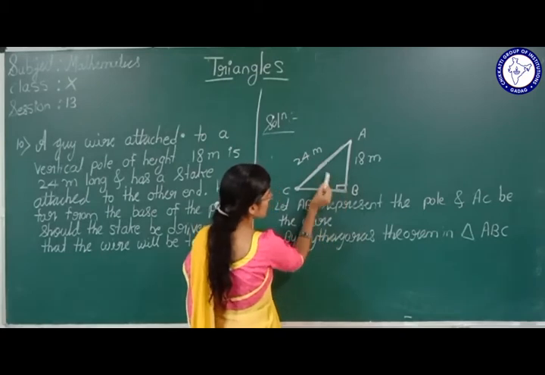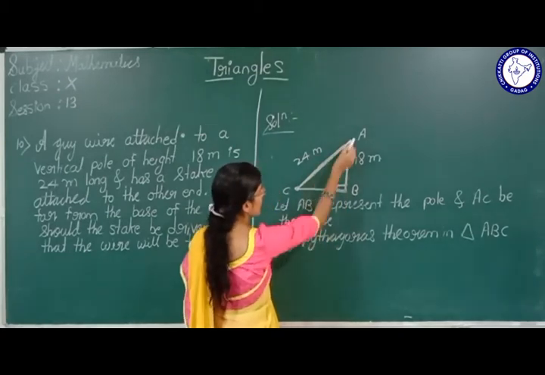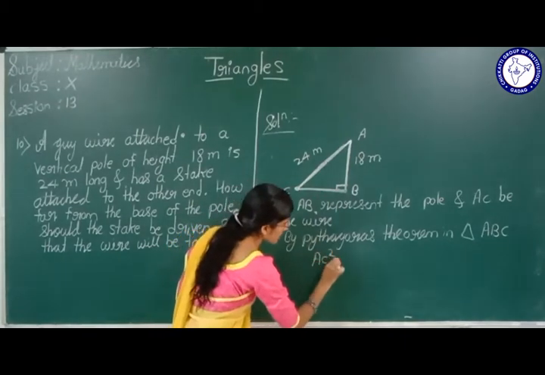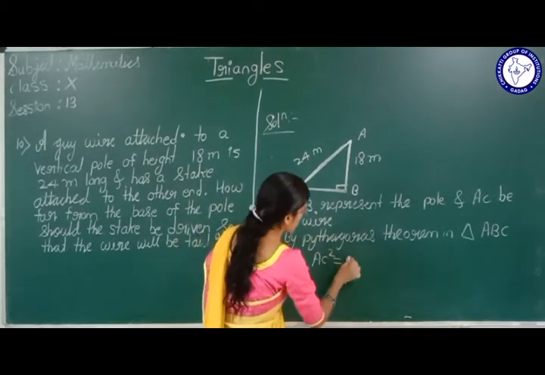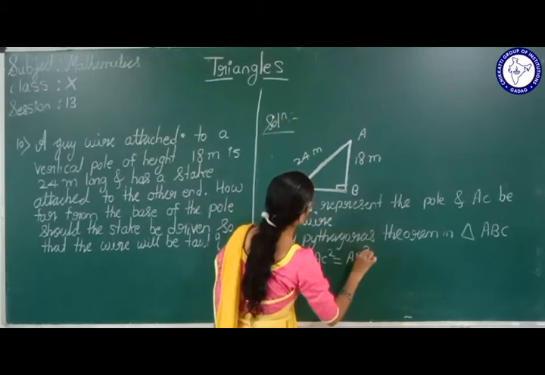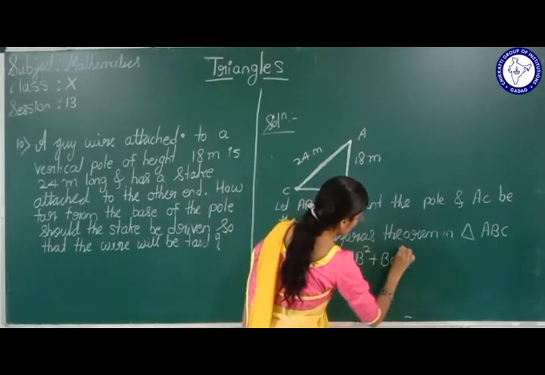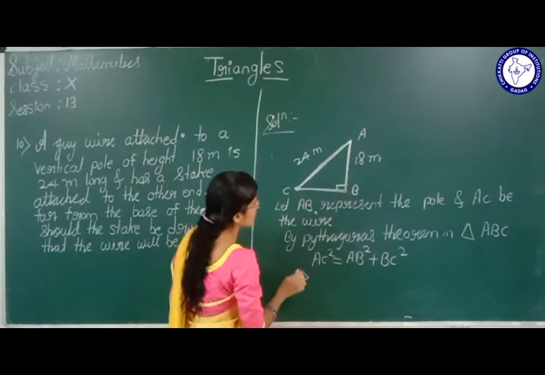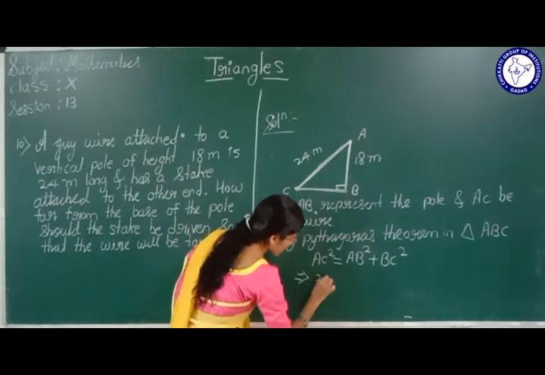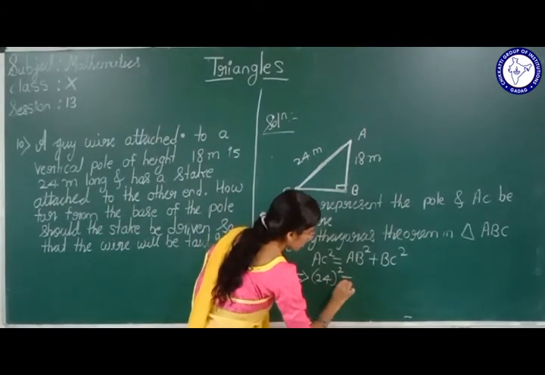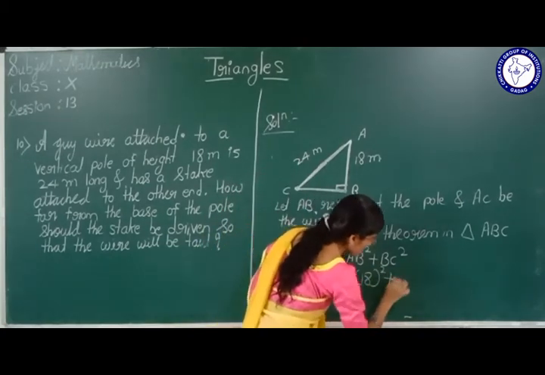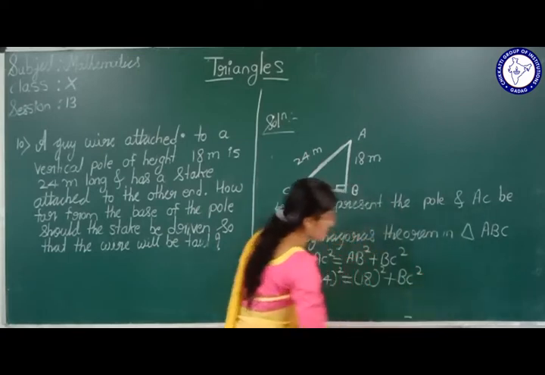Which is the opposite side here? AC. Here AC is the hypotenuse. Hypotenuse square is equal to the sum of the squares of the remaining two sides, that is AB square plus BC square. Okay. So this implies, what is AC? 24 square. What is AB? 18 square plus BC, we have to find out here.